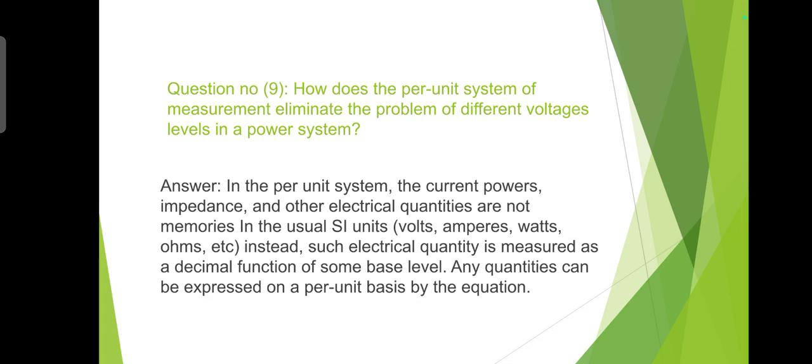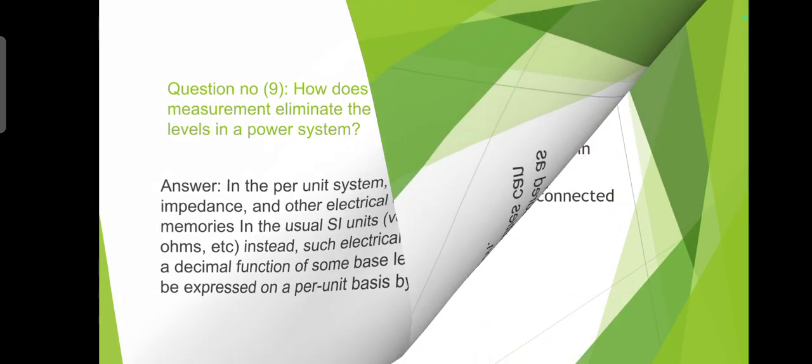In the per unit system, the voltage, current, power, impedance and other electrical quantities are not measured in the usual SI units: volts, amperes, watts, ohms, etc. Instead, each electrical quantity is measured as a decimal fraction of some base level. Any quantity can be expressed on a per unit basis by the equation.